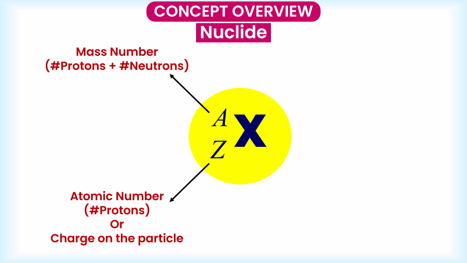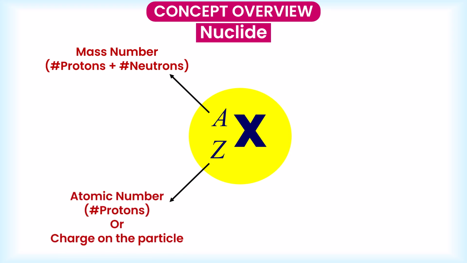Here X represents the nuclear species or any other particle of interest. The mass number, written as a superscript, represents the total number of protons and neutrons. The atomic number, written as the subscript, represents the number of protons in the nucleus.